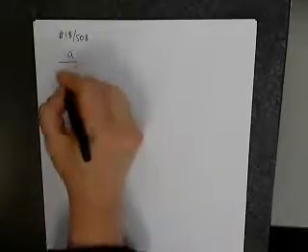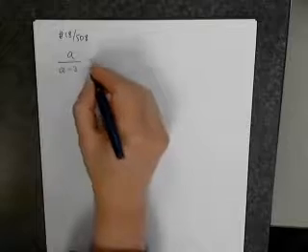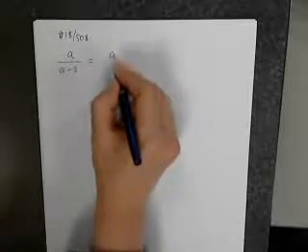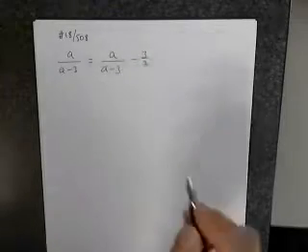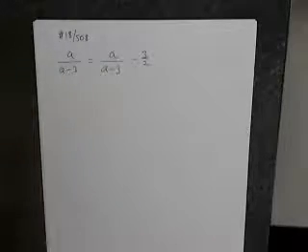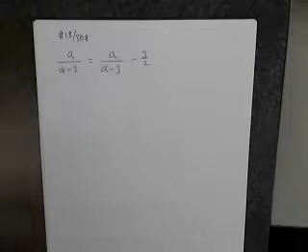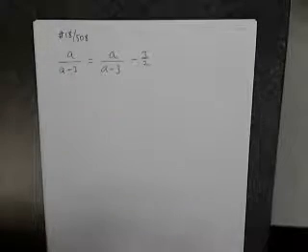A divided by A minus 3 equals A divided by A minus 3 minus 3 halves. I'm checking. A over A minus 3 equals 3 over A minus 3 minus 3 halves. 2 minutes.